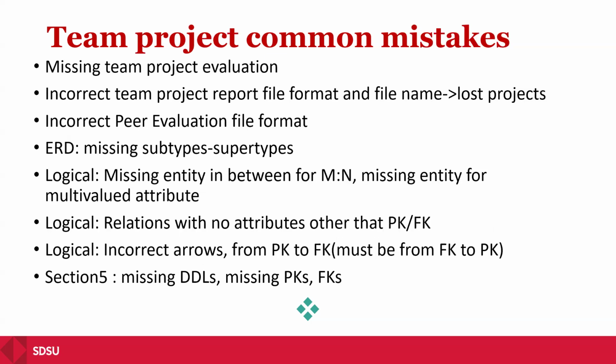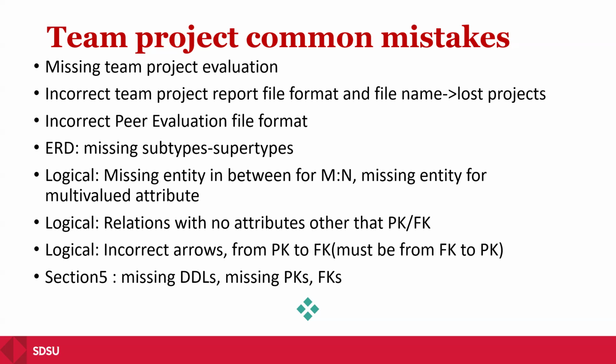Common mistakes here. People forget to upload the team project evaluation, get 0 for a file for the project grade, and get back to me after grades are already posted. Another is an incorrect team project report file. It's very important to follow the file guidelines. You must include your section and your team number in the project name.